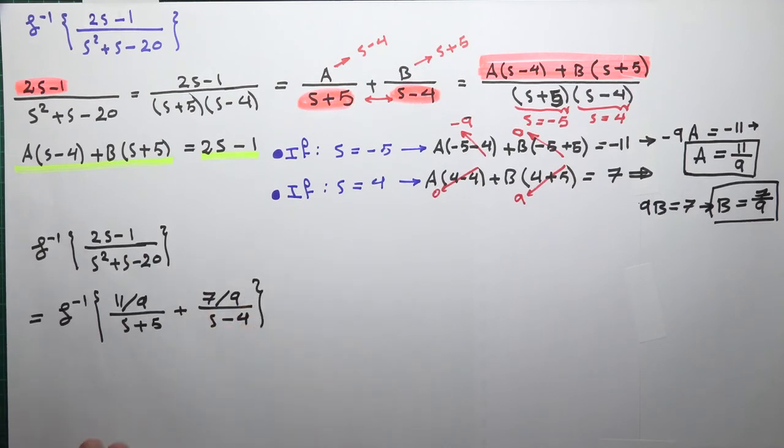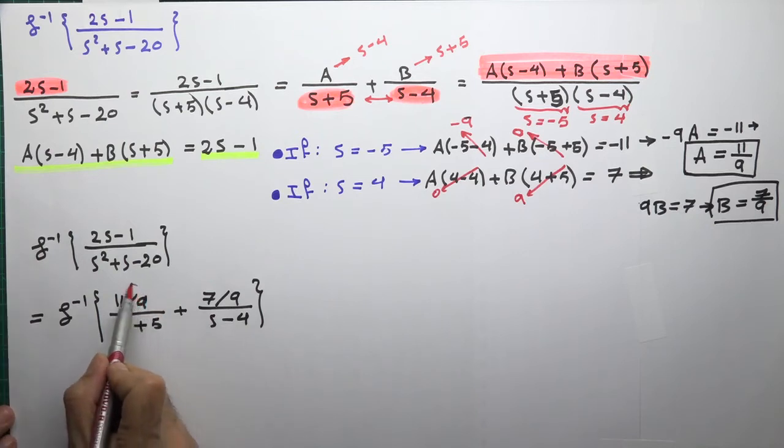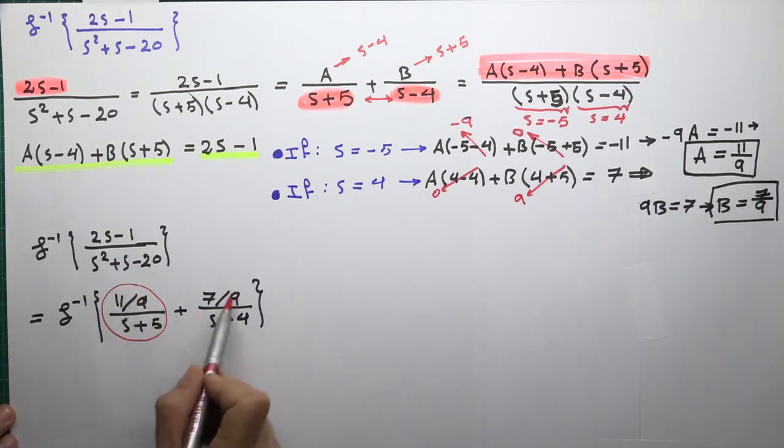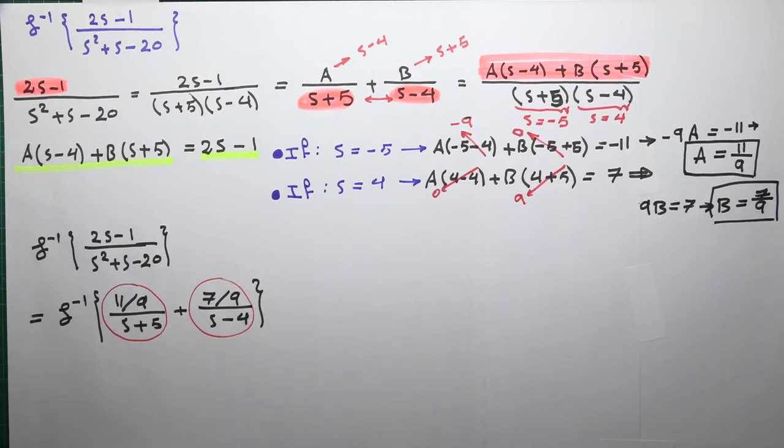Then, as you know, we are dealing with linear transform. Linear transform simply means that I can give inverse Laplace transform to this and this. وله أيضا معنى آخر. لكن خلينا الآن نعمل distribution ونوزع هذا الانفرس Laplace transform.